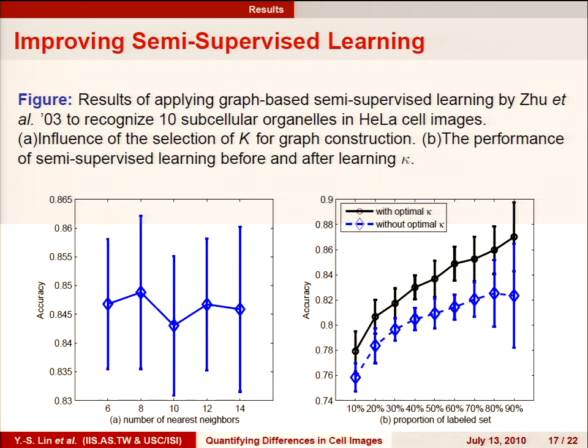You need to pick the number for the graph in the feature space that affects the image. And in this case, we show it is relatively stable from 0.83 to this range here, so it is not very sensitive to the peak of this line.